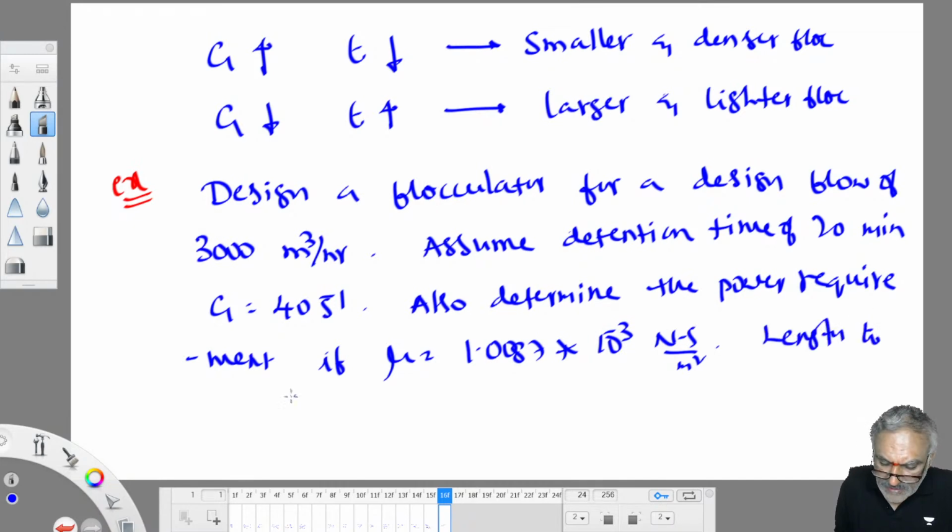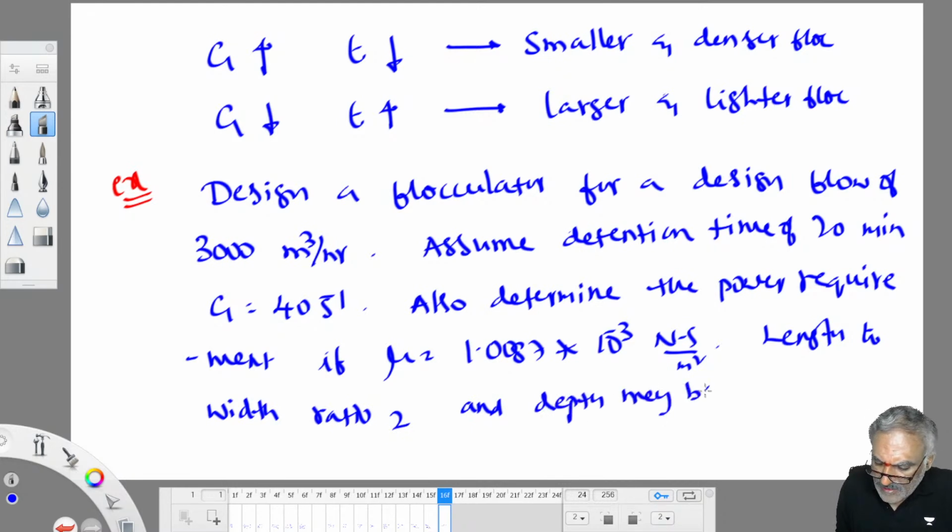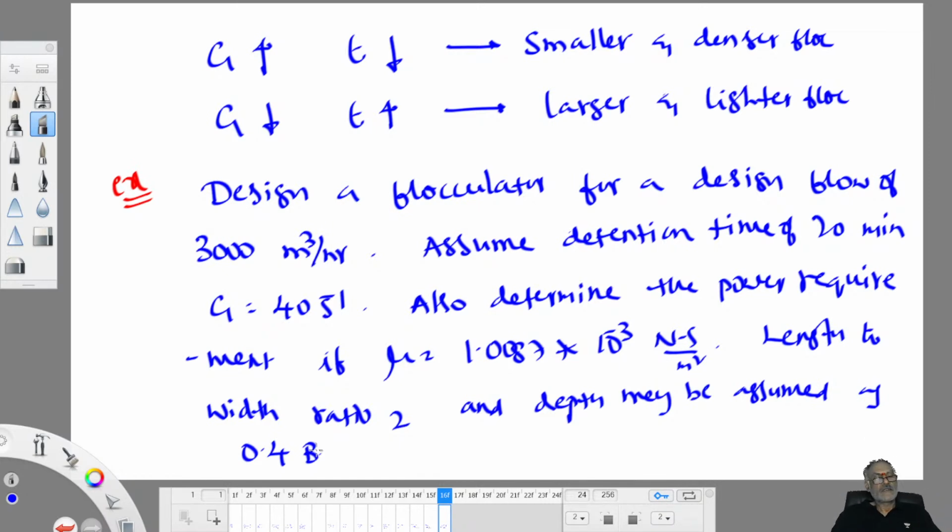Length to width ratio 2 and depth may be assumed as 0.4 times B. Come on, work out. So design means what? Fixing the dimensions of the flocculator.